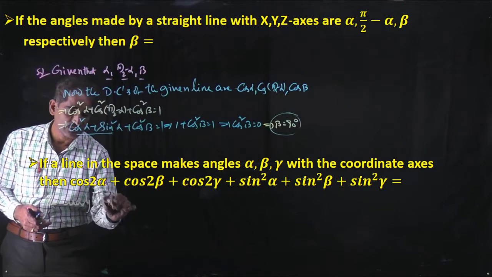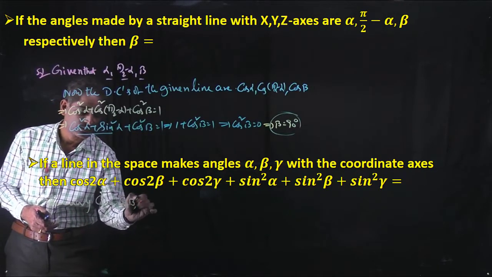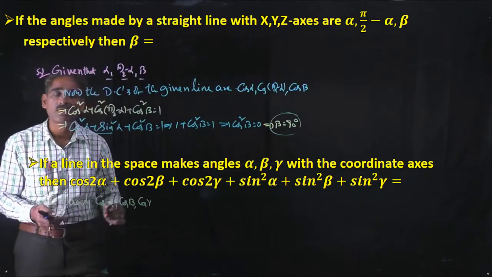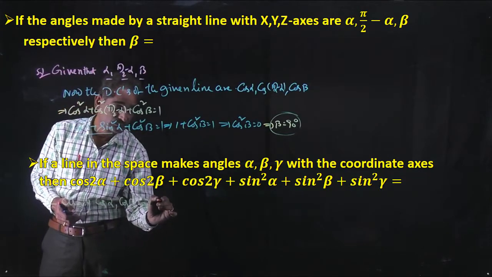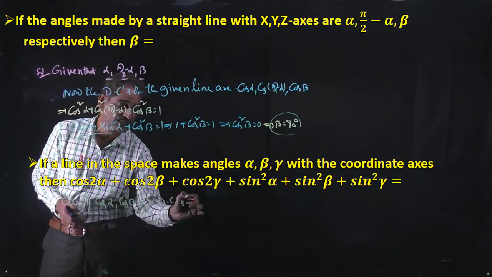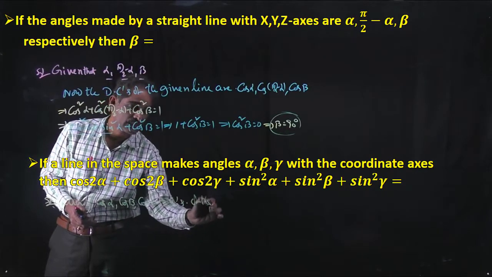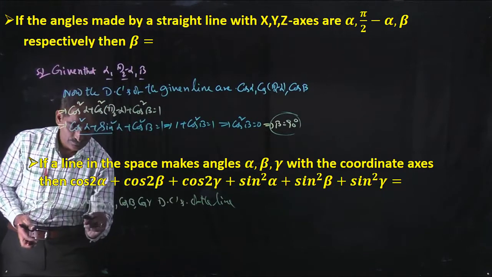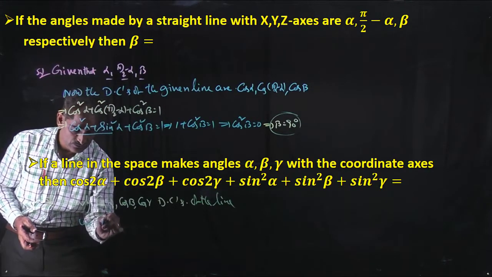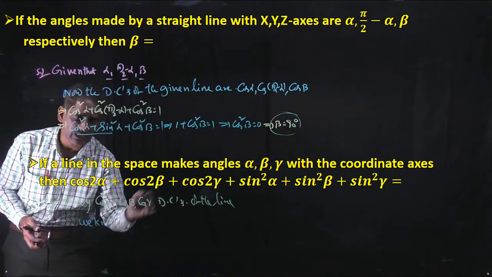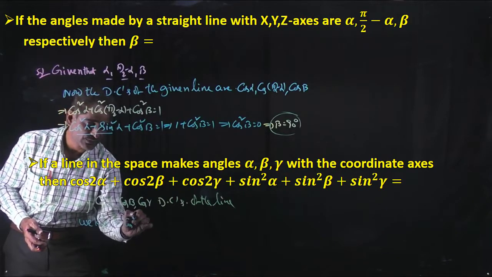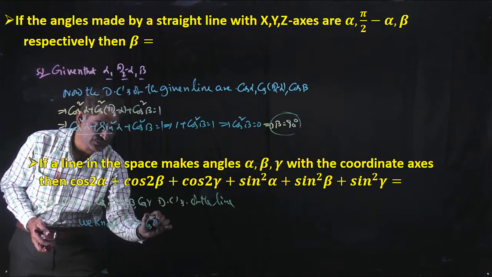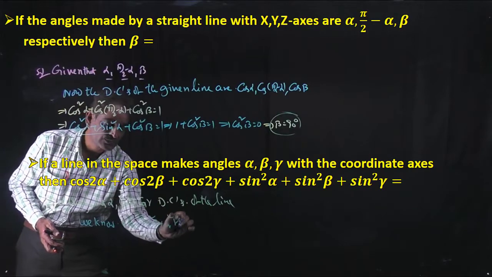We know that for any line, cos square alpha plus cos square beta plus cos square gamma is equal to 1.